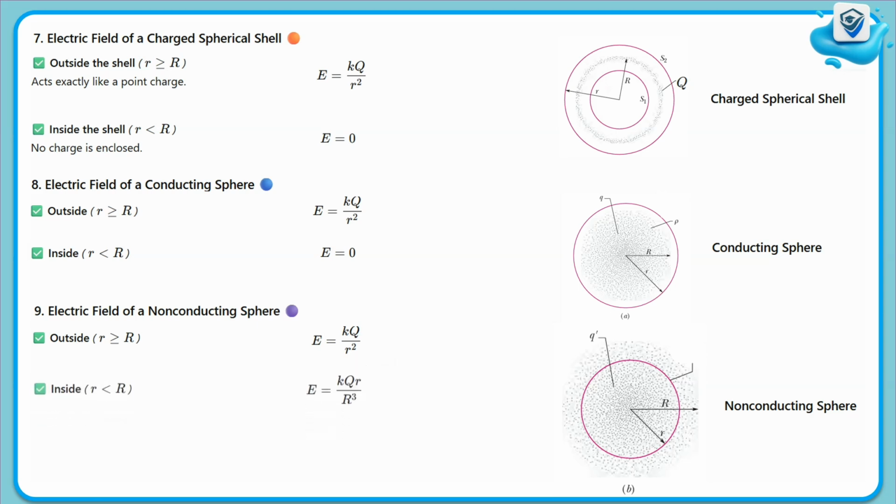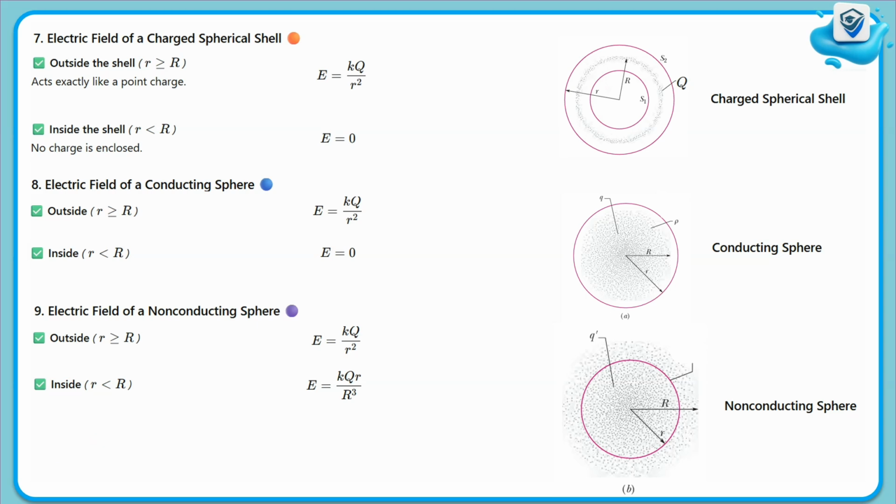But inside the sphere, the situation is different. The electric field increases linearly with the distance from the center. Its equation is E equals kQr divided by R cubed. This means the farther you move from the center, the stronger the electric field becomes until you reach the surface.